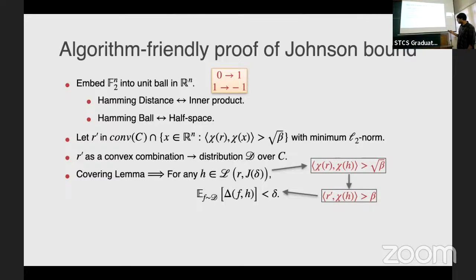What I claim this implies is that the support of D must contain all of these H's. Because if D was full of non-H code words, then those are all far from H. That's the property of the code that we are working on. In particular, the distance of any H prime from H is at least delta. So if D did not have H in its support, then this expectation would have to be greater than or equal to delta.